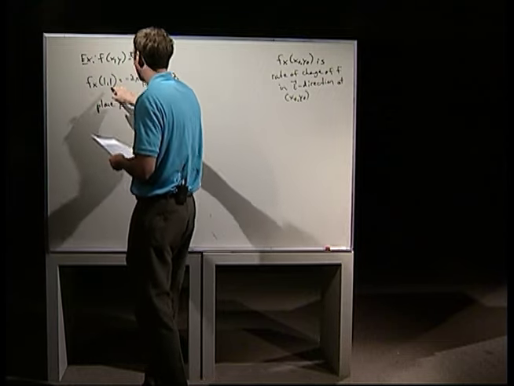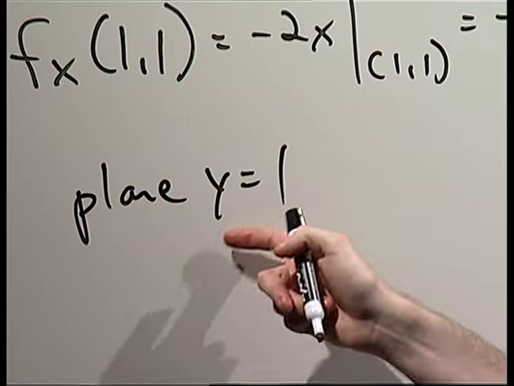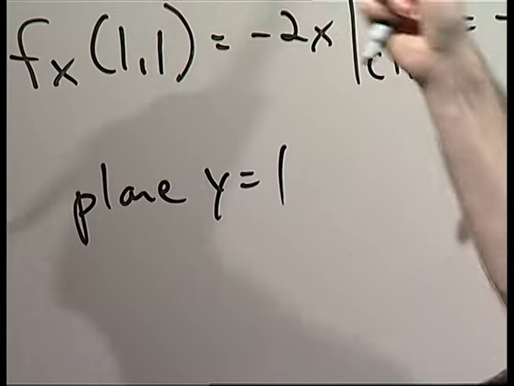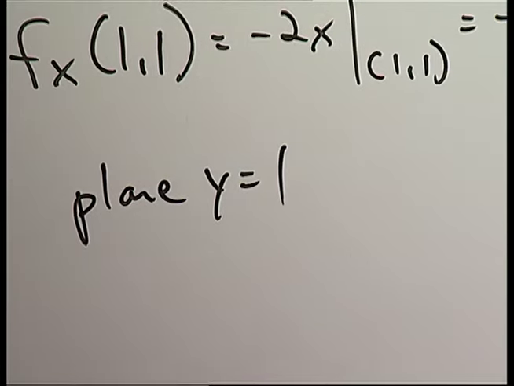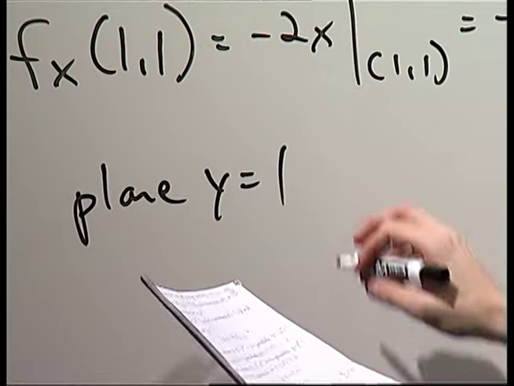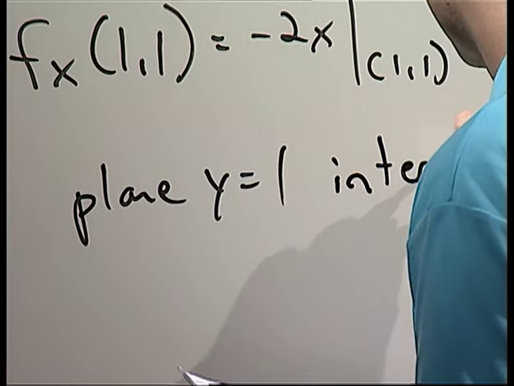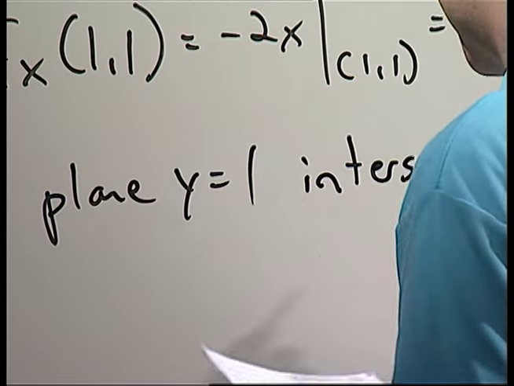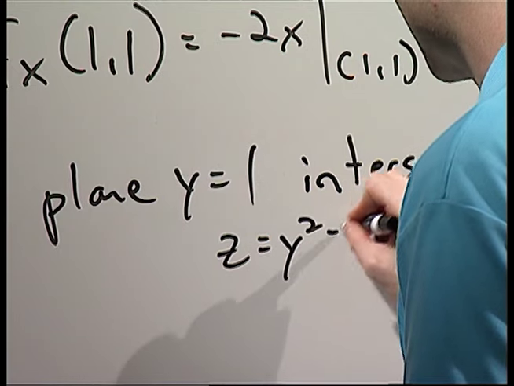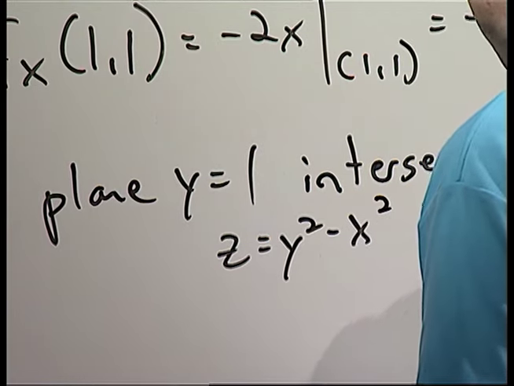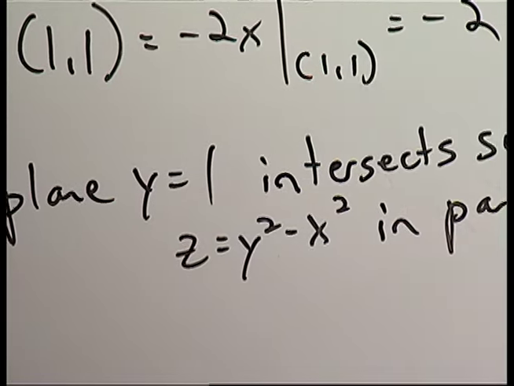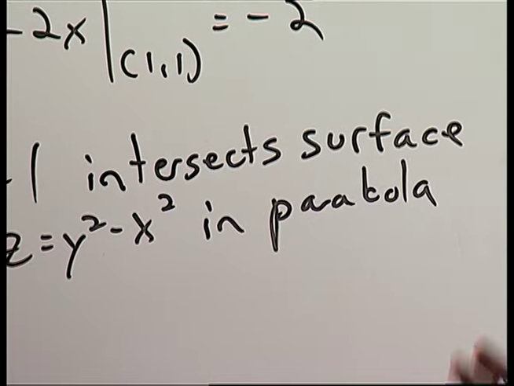If I fix y to be 1, I'm looking at the plane y equals 1 cutting this paraboloid. This plane cuts this surface. What does it cut it in? A 2D curve. It intersects the surface y squared minus x squared in a parabola. Because think about it, if I plug in 1 here, I get z equals 1 squared minus x squared.